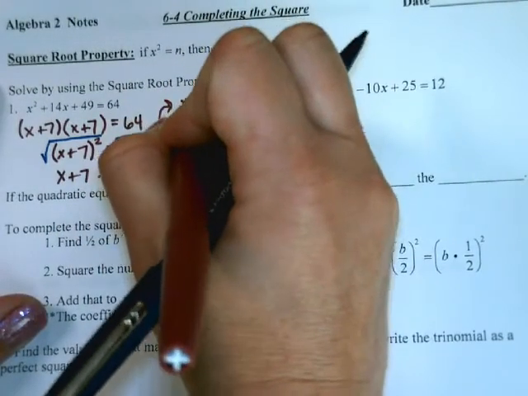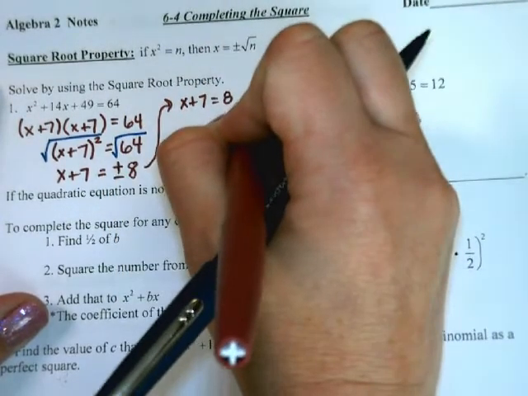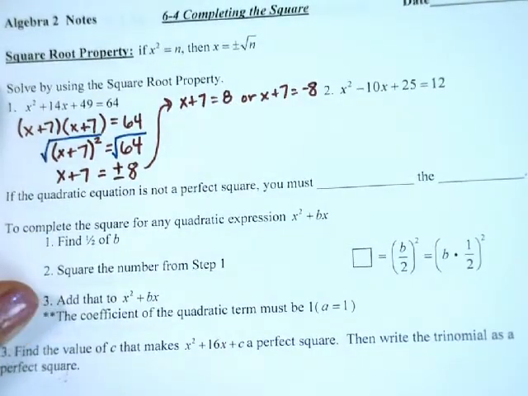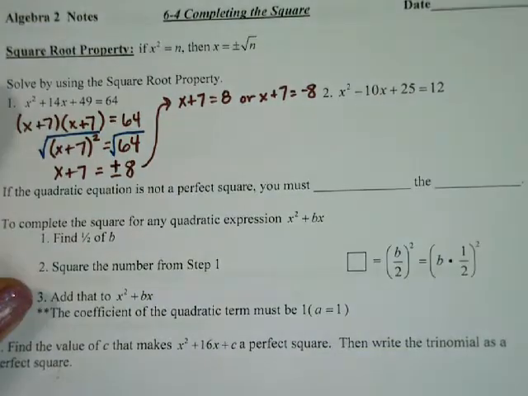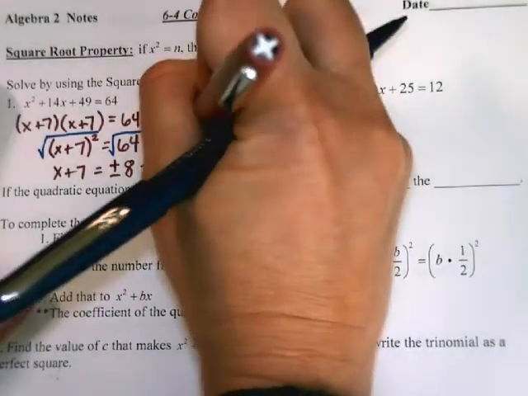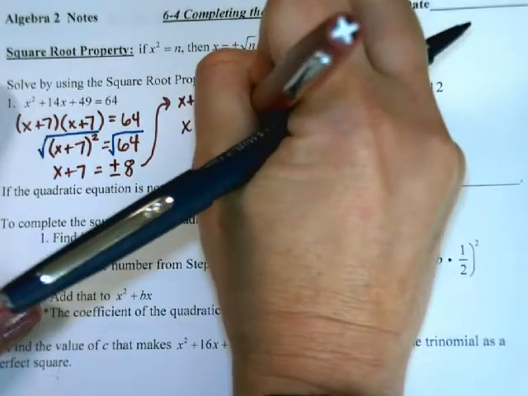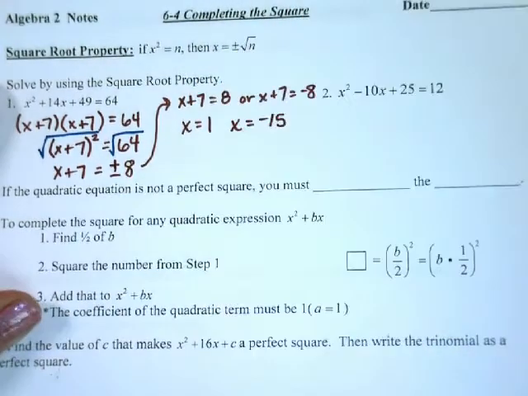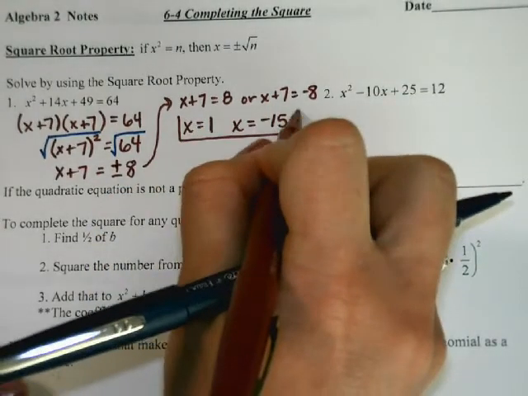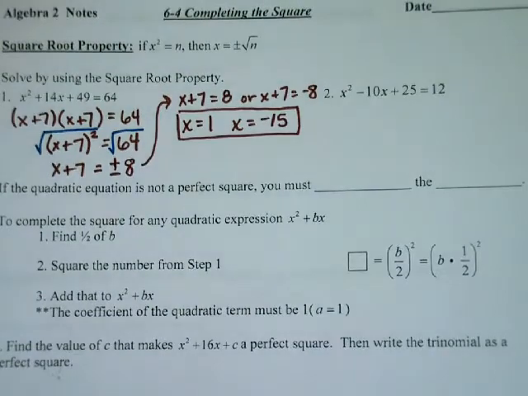That means x plus 7 equals a positive 8, or x plus 7 equals a negative 8. And then I'm going to solve for x. So x equals, if I subtract 7, 1. If I subtract 7, negative 15. Notice I didn't get plus or minus 1, and I didn't get plus or minus 15.